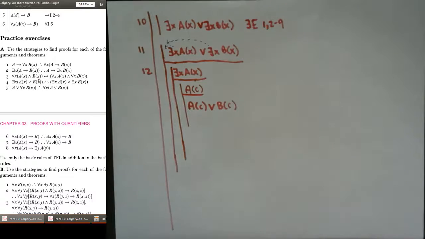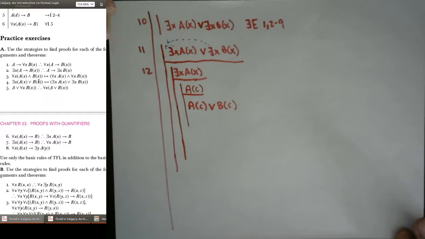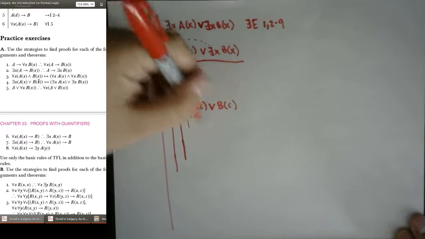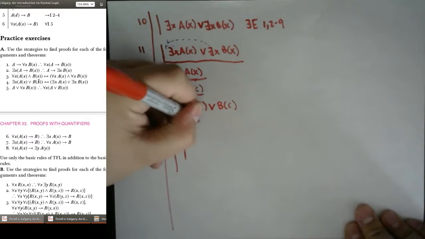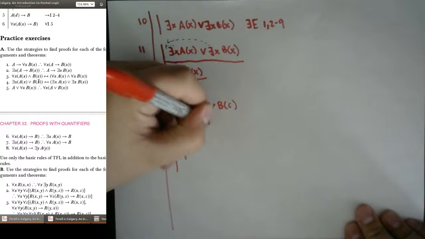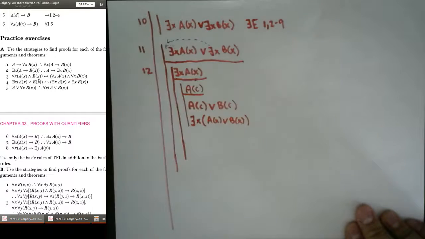So it stands to reason that I would want the same named constant in both these positions, because with existential introduction, I'm free to replace as many of, including all of, or just one of, the constants that I'm existentially quantifying over. So from here, I'm definitely welcome to write there exists x, Ax or Bx. No problem. Well, that's great, because that's exactly what I want to get out of this thing.